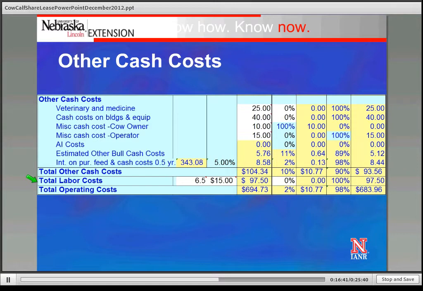Well, if you think about someone who's leasing cows, they're caring for the cows, they're providing the labor for that enterprise, and that's part of their contribution to the cow-calf production. So I think it's important to come up with a realistic and fair value here, and one that both parties can agree upon, but not to overlook that because it is a significant contribution, especially from the cow-calf operator standpoint.